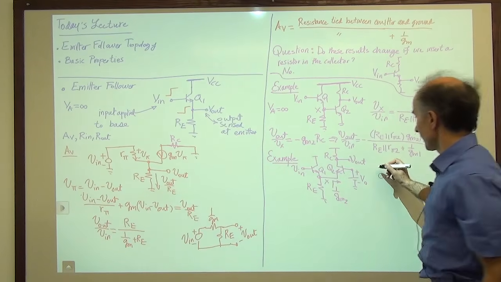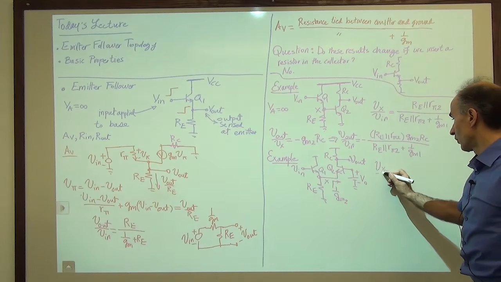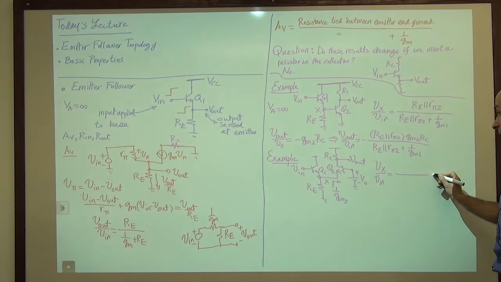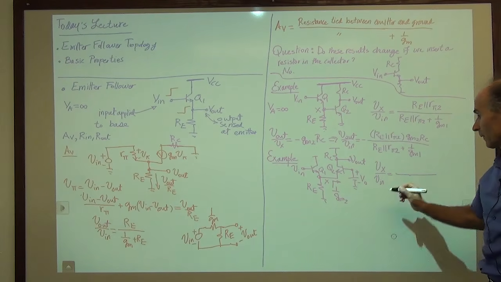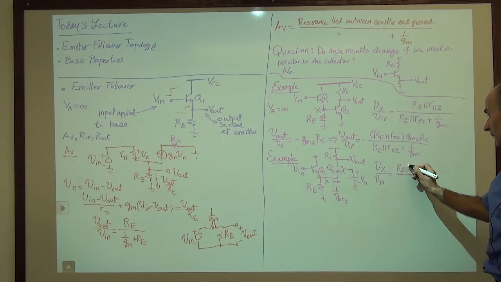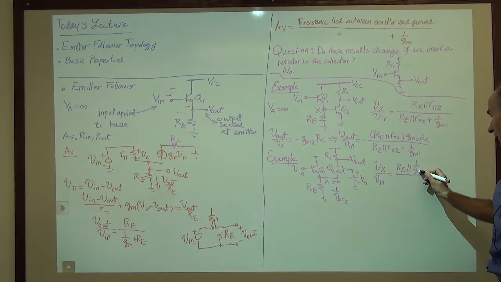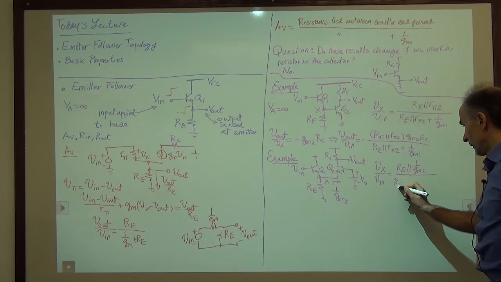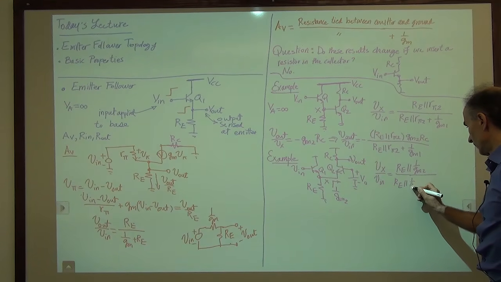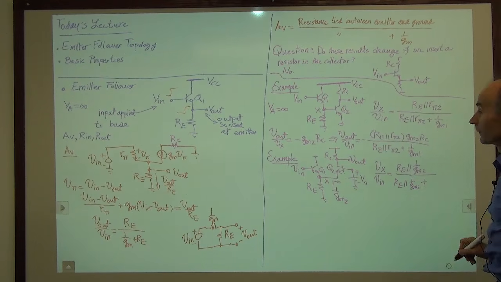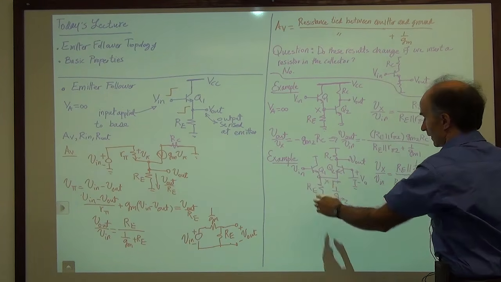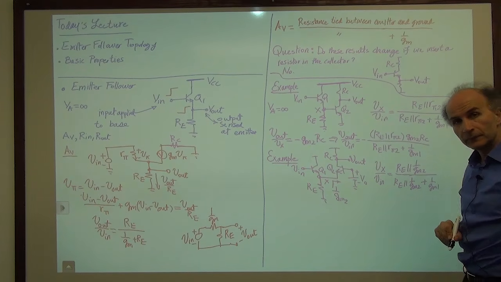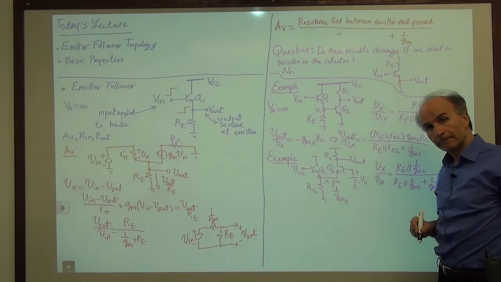So that tells us that Vx over Vin is equal to Re in parallel with 1 over Gm2, divided by the same resistance, Re in parallel with 1 over Gm2, plus 1 over Gm of the device, this guy here, so 1 over Gm1. So that's Vx over Vin.